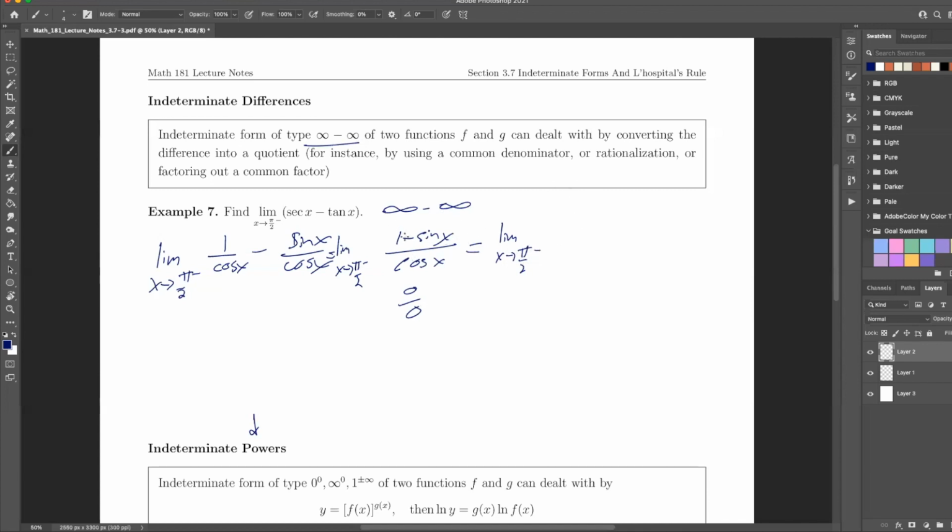The derivative of 1 minus sine is just minus cosine of x. The derivative of cosine of x is minus sine of x. The minus signs cancel, so I have cosine over sine. And so here if I plug this in, I'll have 0 up top and 1 on the bottom, so I have 0 over 1, which of course is just 0.